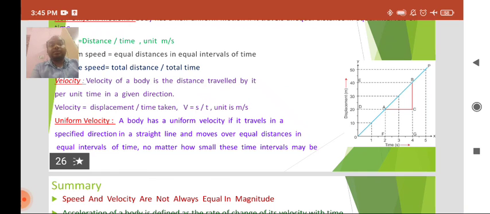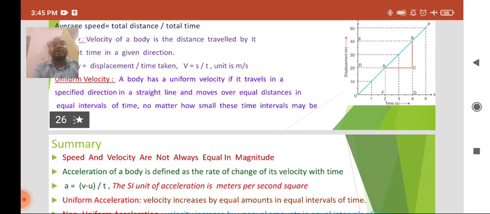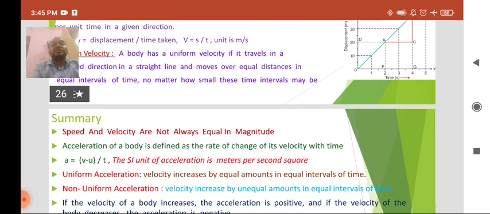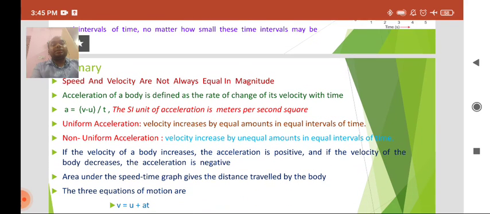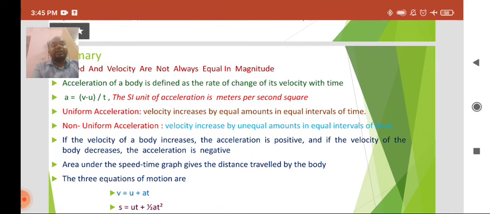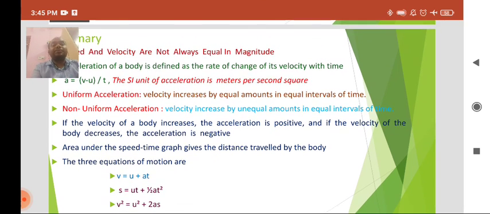Uniform velocity: a body has uniform velocity if it travels in a specified direction in a straight line and moves over equal distances in equal intervals of time. Speed and velocity are not always equal in magnitude. The formula for acceleration is v minus u upon t.